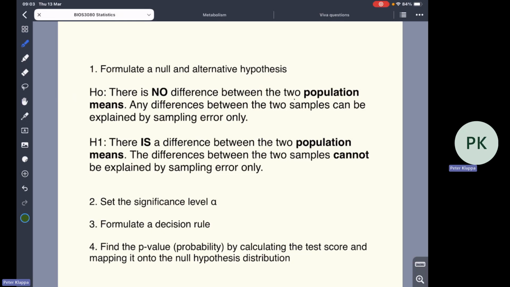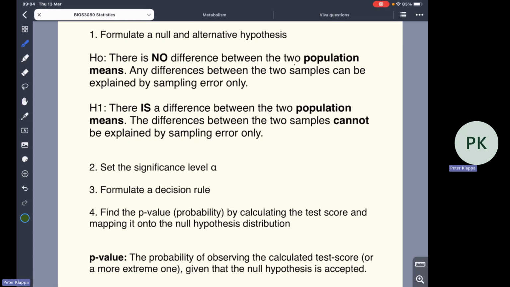We make a decision based on what we calculate. If this probability is lower than our significance level, we can reject the null hypothesis. If the p-value is larger than the significance level, we fail to reject the null hypothesis. We will do that exactly today.